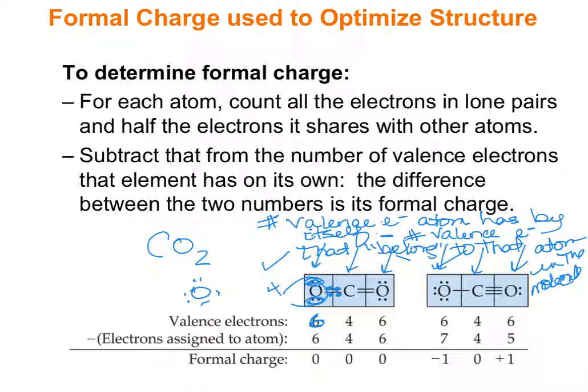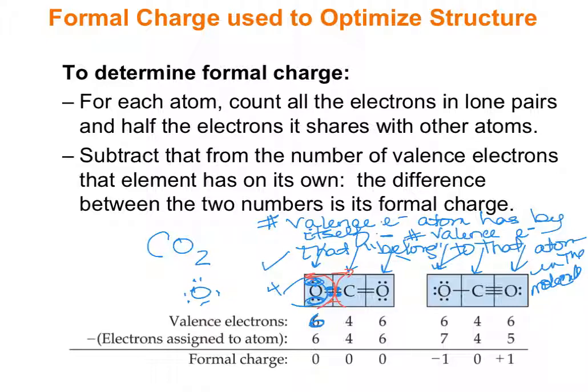So only half of those electrons in a bond belong to each atom. So specifically, what I mean is the double bond between carbon and oxygen contains 4 electrons. 2 of those 4 electrons belong to the oxygen, and 2 of those 4 electrons belong to the carbon.